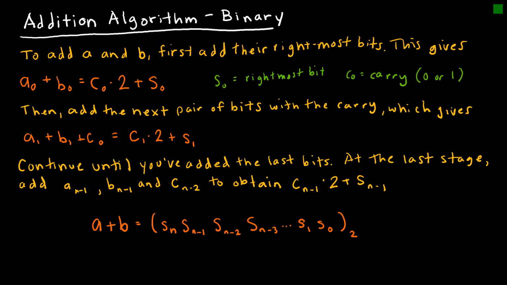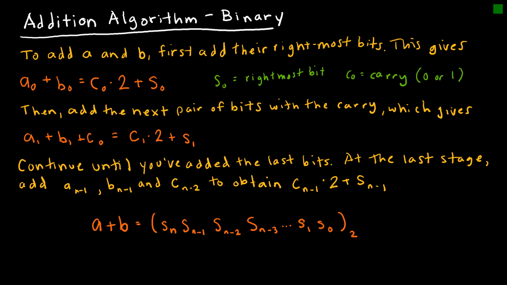Now let's take a look at a new algorithm, and that algorithm is the addition algorithm, and we're just going to look at it for binary, but obviously it would be the same process for other bases. So essentially the algorithm tells us to add A and B, which are two values that are in binary, so they have to be in the same base.